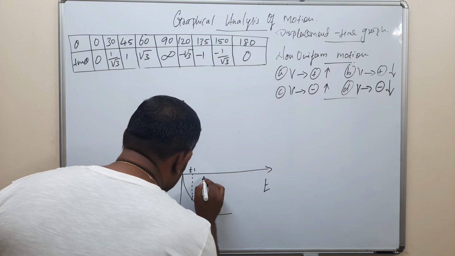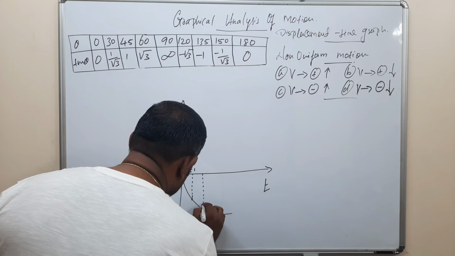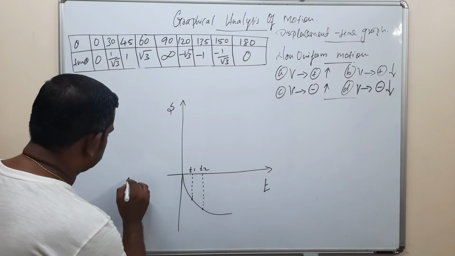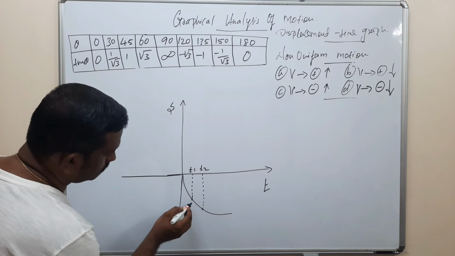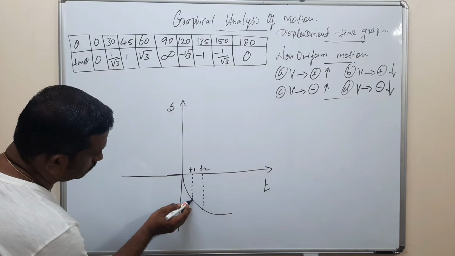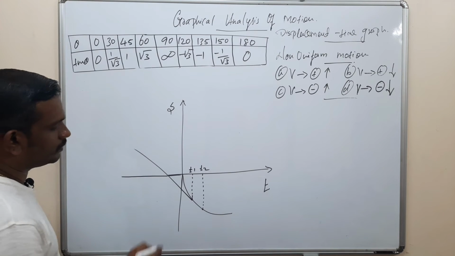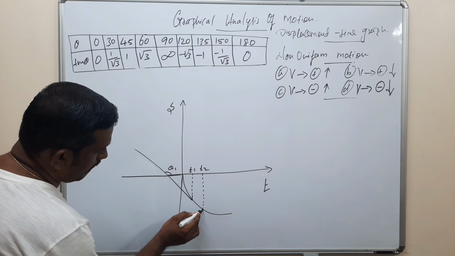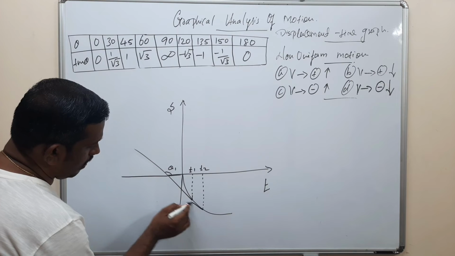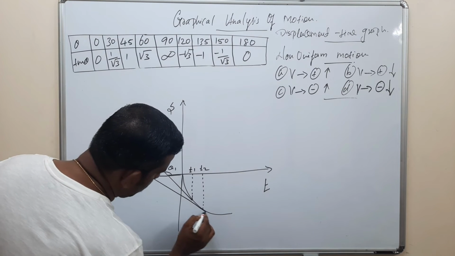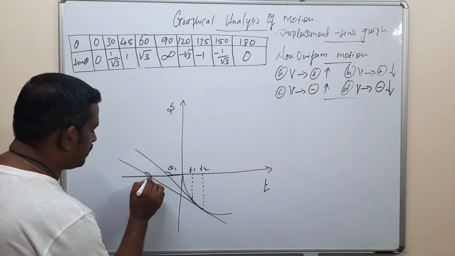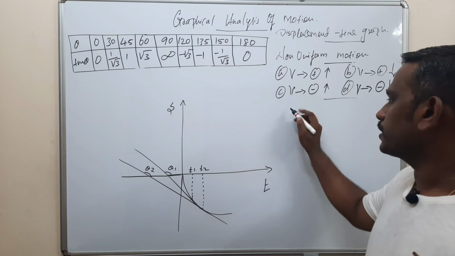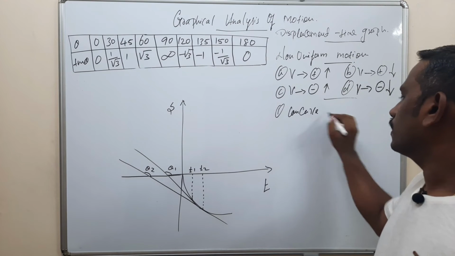T1, T2. The curve is like this. So what are the conclusions we can make? One, that is concave upwards.